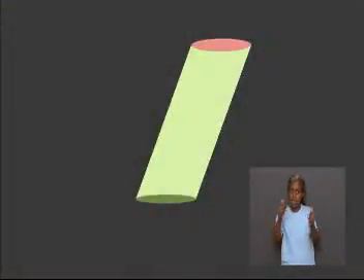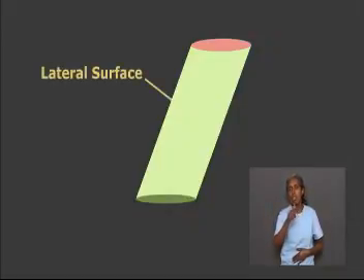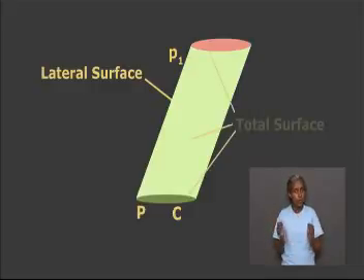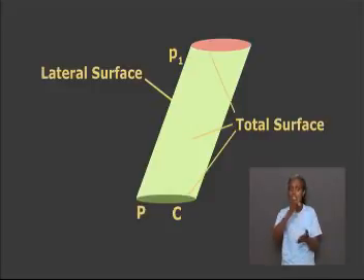The area around the sides of the cylinder is called its lateral surface. If we were to add together the lateral surface and the bases, we would get the cylinder's total surface.